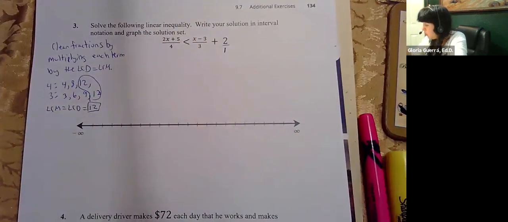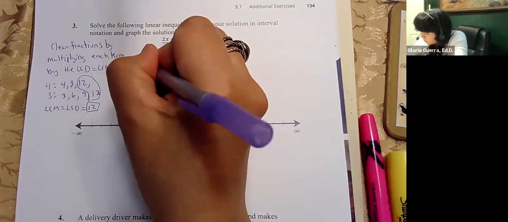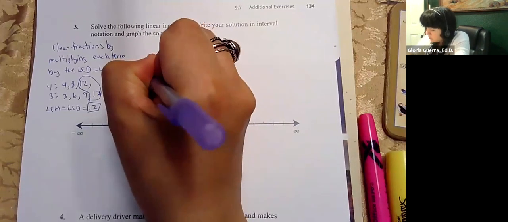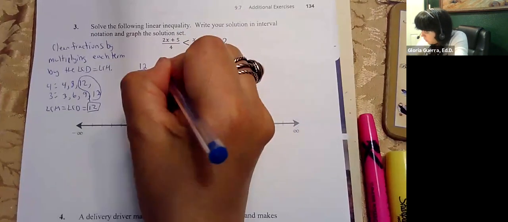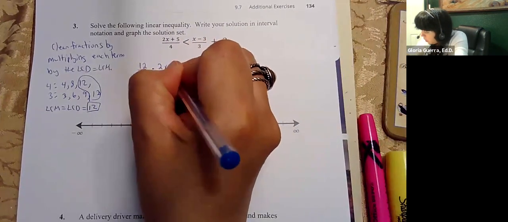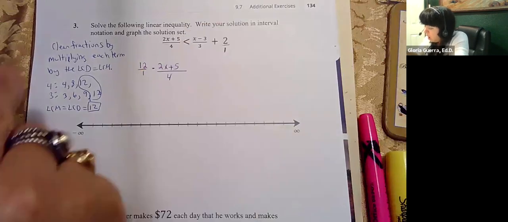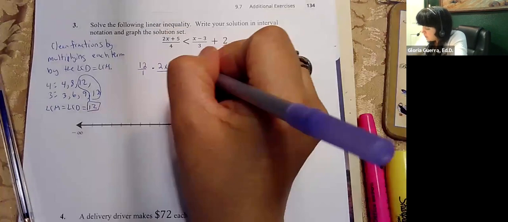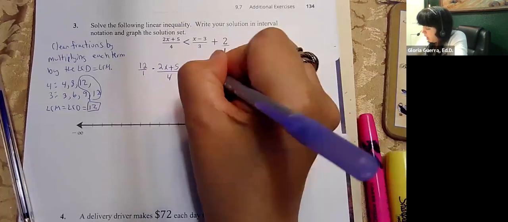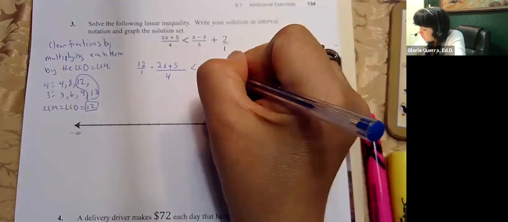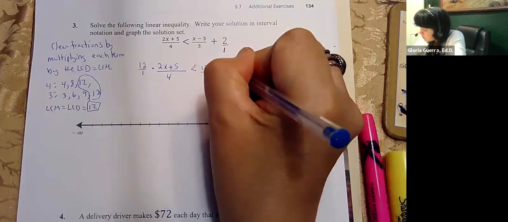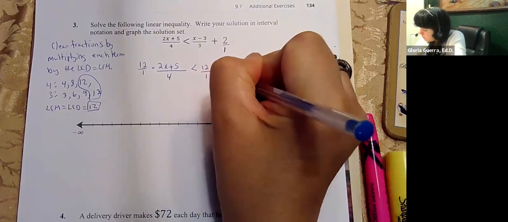Okay, so the first term, multiply that by 12. 12 over 1 is equivalent to 12. It's less than 12 times this term, x minus 3 over 3.